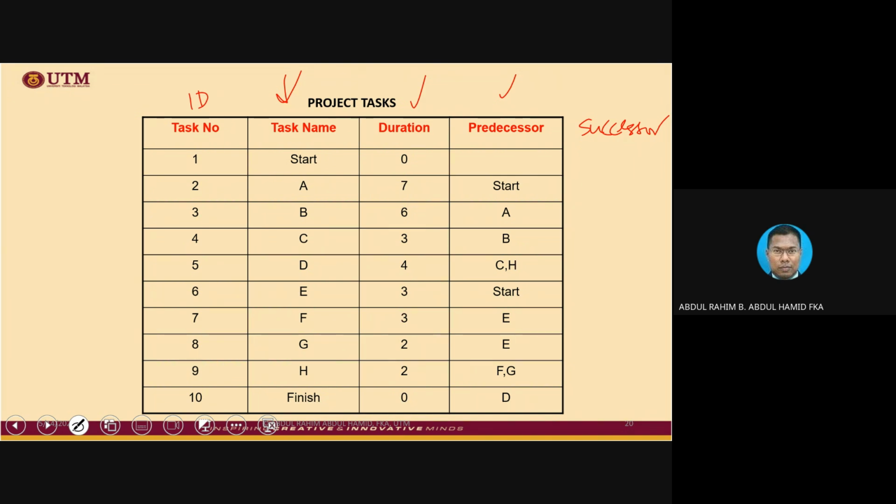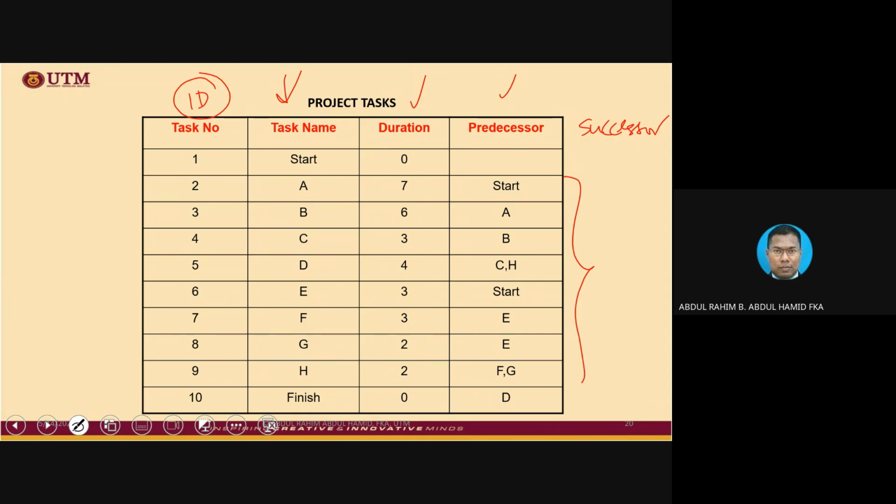In Microsoft Project or Primavera, the way to connect the predecessor is not by the name. We are going to connect using this ID numbering. This ID numbering is going to be auto-generated in the software. So the software format in terms of predecessor will look like this.